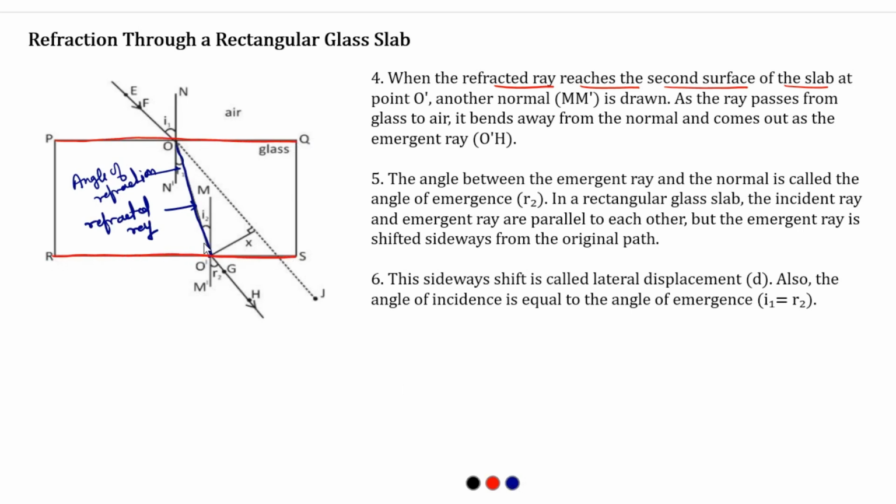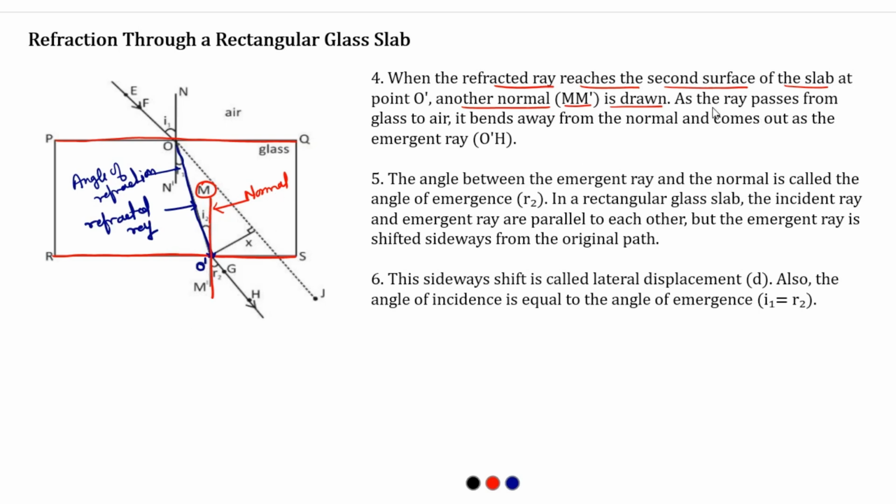So once our refracted ray reaches the second surface of the glass slab, the point here is O dash. At O dash, another normal, that is MM dash, is drawn. Here at this point we have to draw one more perpendicular line, and this is the perpendicular line here. This is called another normal. So let me write it here, normal. And I have to label this M dash. All this labeling is from your NCERT book itself. So M dash is nothing but the second normal.